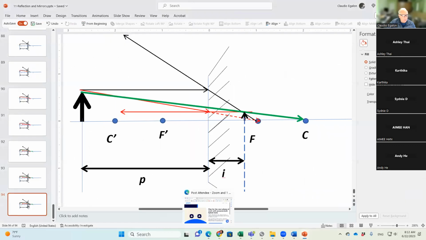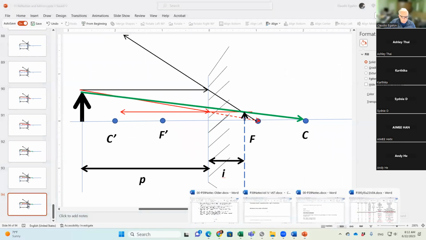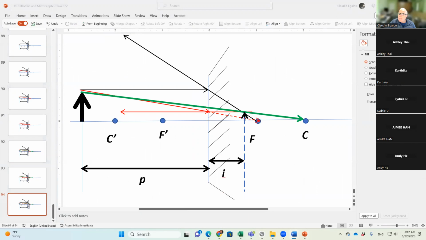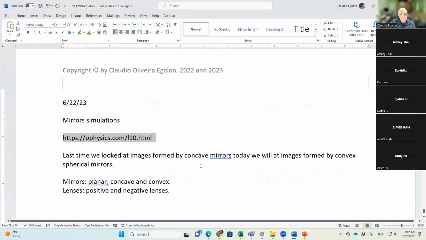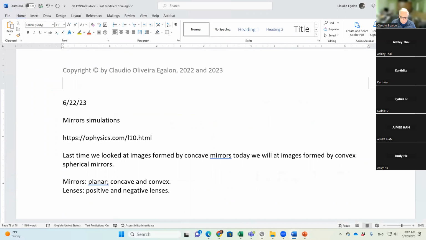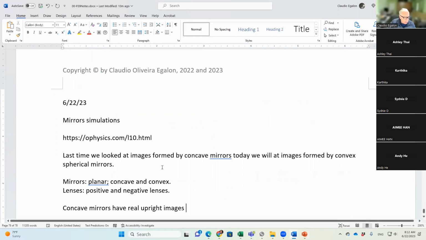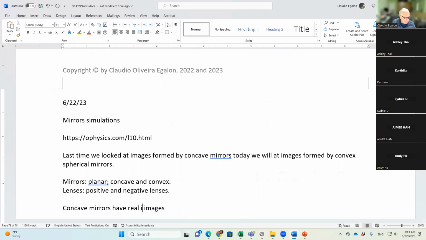Okay, so here we go. Concave mirrors have real inverted images, and virtual upright images.